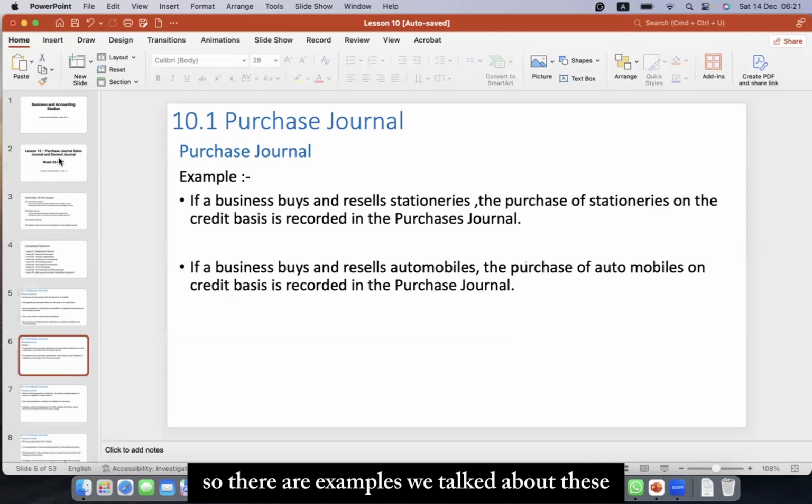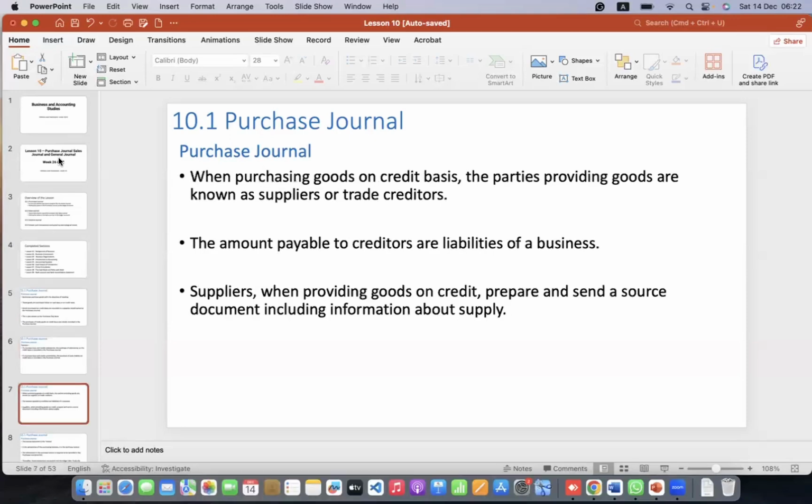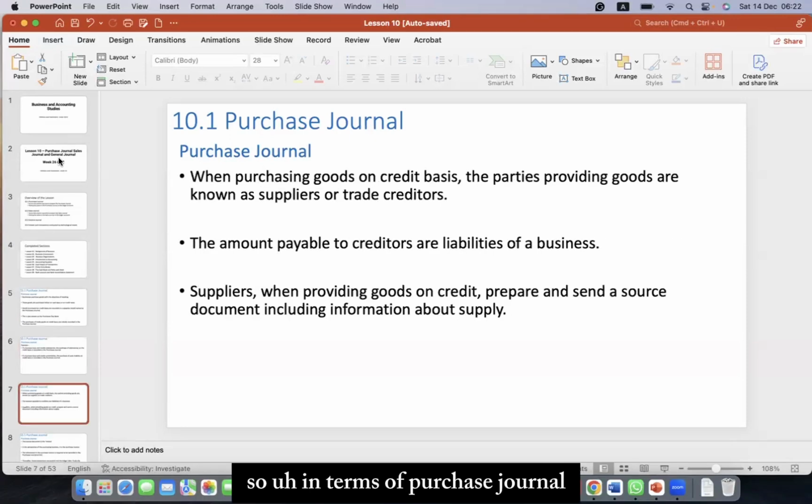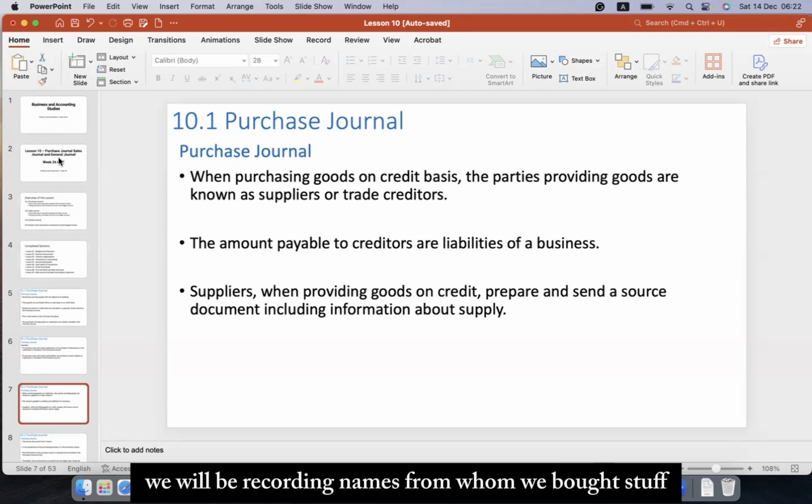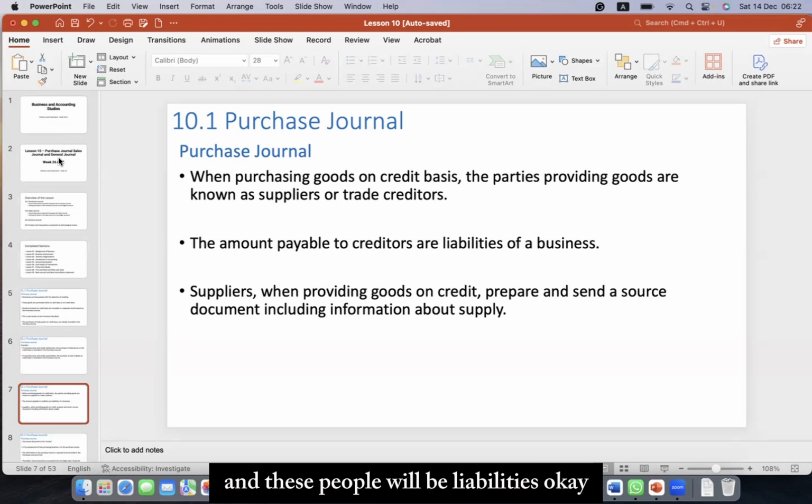We talked about examples. For example, if a business buys and resells automobiles, the purchase of automobiles on credit is recorded in the purchase journal. We record the names of those from whom we bought, and these people will be liabilities.